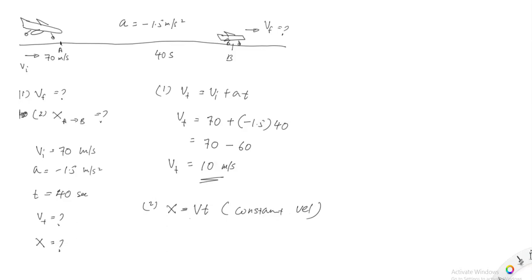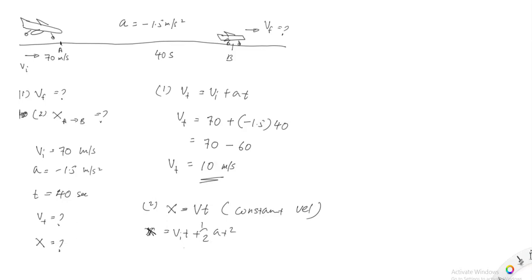So which equation can we use? We have initial velocity, acceleration, time, and now we have final velocity as well. We can think of X equals V initial T plus half A T squared.